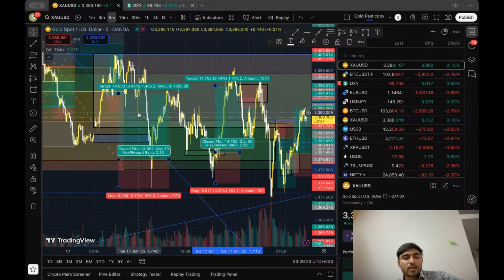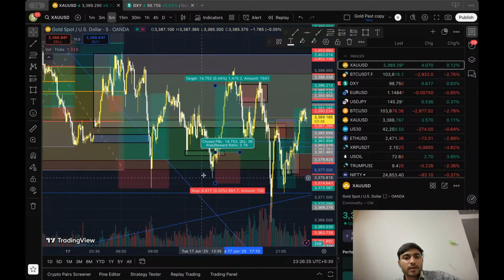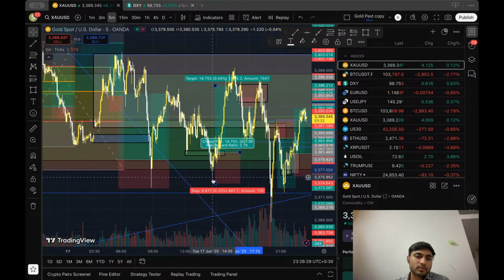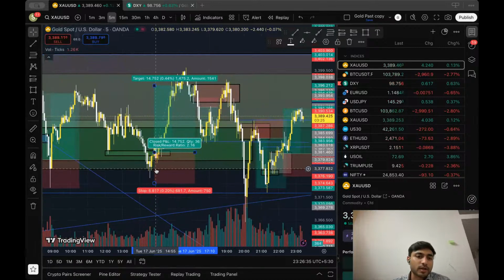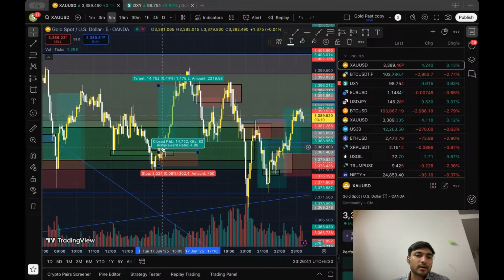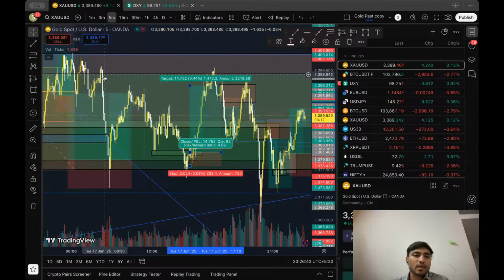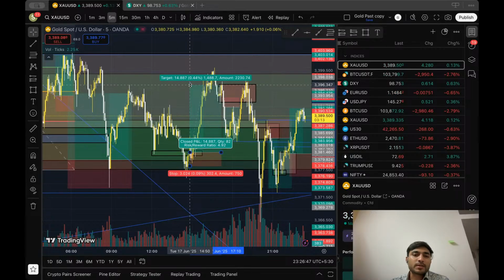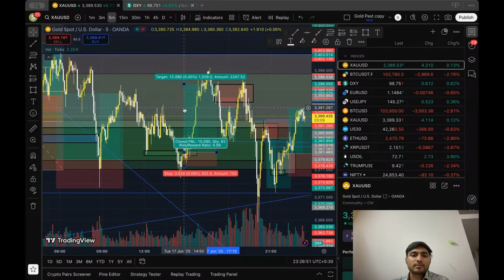I was thinking it might hit it after forming a double bottom. After forming a double bottom, we had a good reaction from there, and I just went for the buy with a very low stop loss, 30 pips, and 150 pips straight, forming these highs. Around 160, 150 pips I captured.